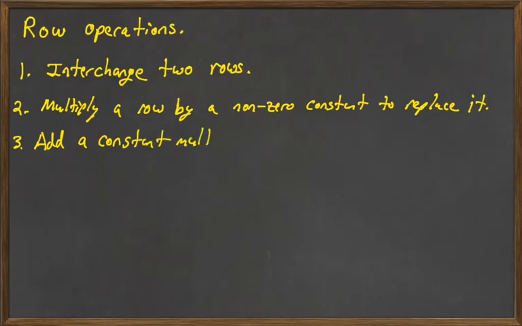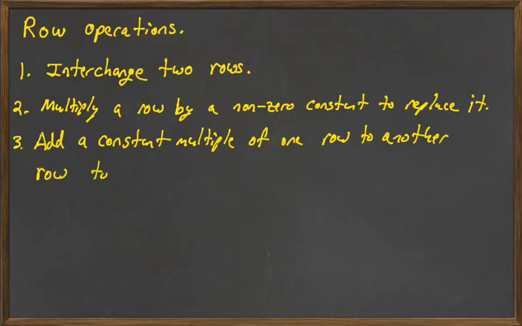That's kind of like the elimination method when we're solving a system of equations without matrices. So, add a constant multiple of one row to another row to replace it. These are the three row operations that we're going to follow for Gaussian elimination.